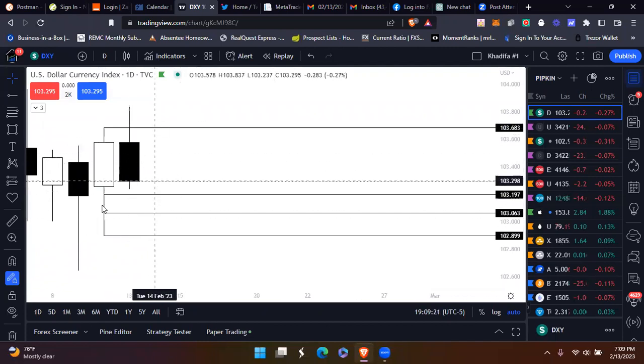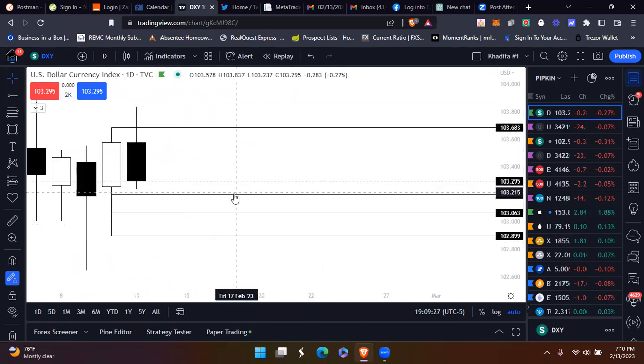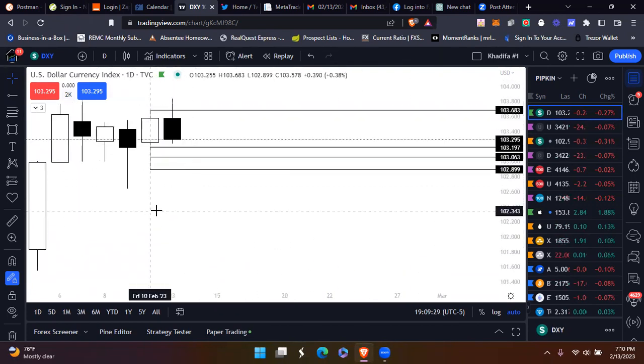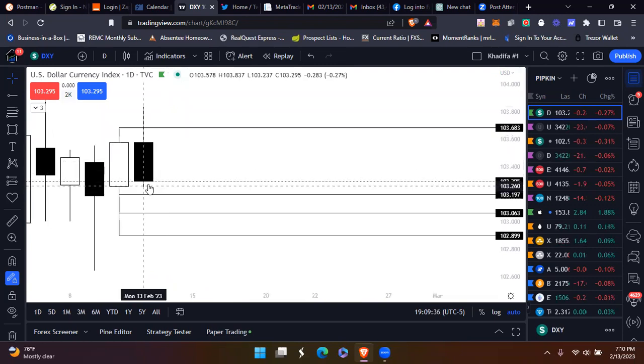And if I see that setup within this discount array, then I'm taking it, no questions asked. So that's what I'm looking for. That is my bias moving forward for tomorrow.